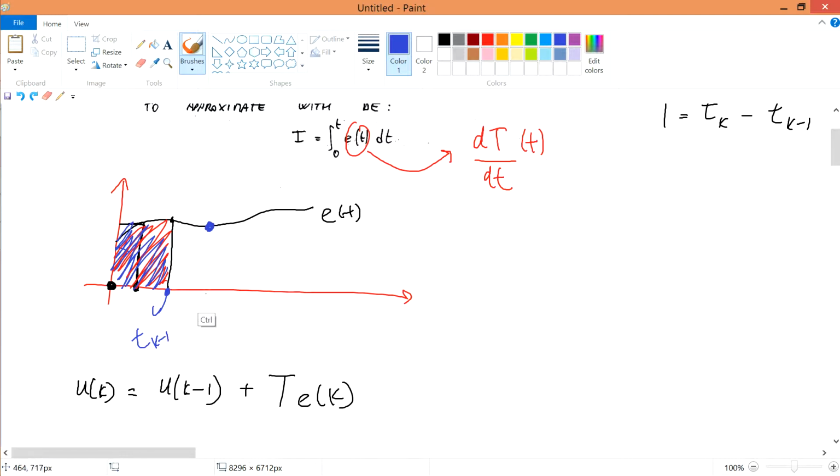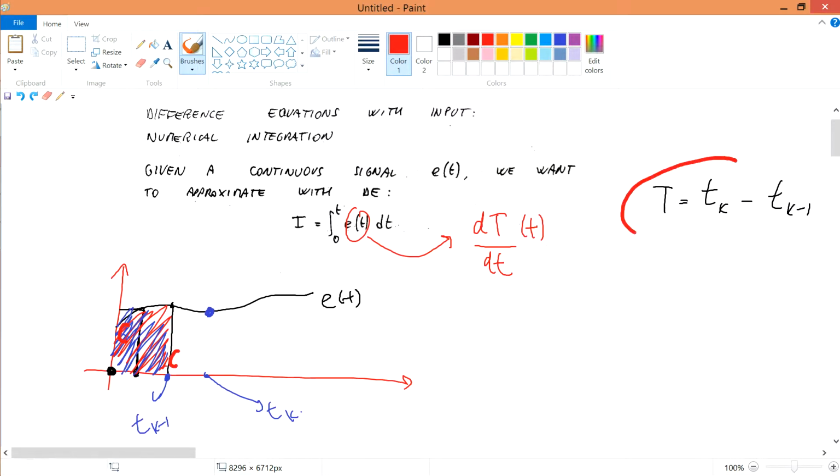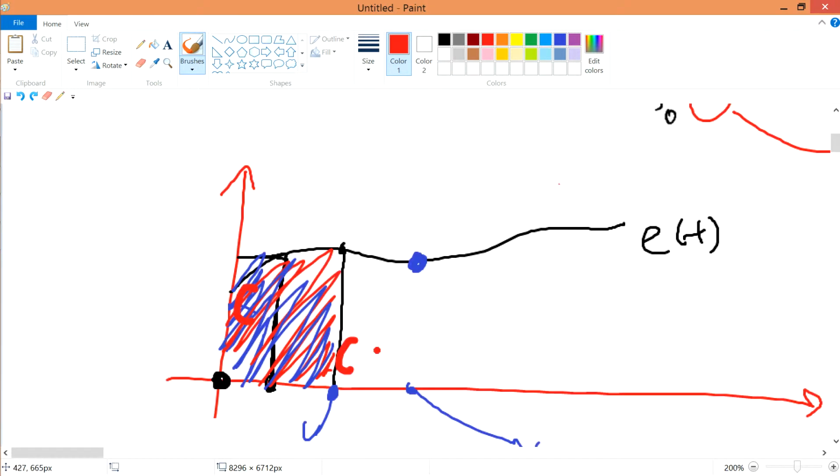So if you take the difference between them, tk minus tk minus 1, you'll get t. Because this is just the definitions. tk minus tk minus 1 is your t, don't forget. So therefore this is your t.